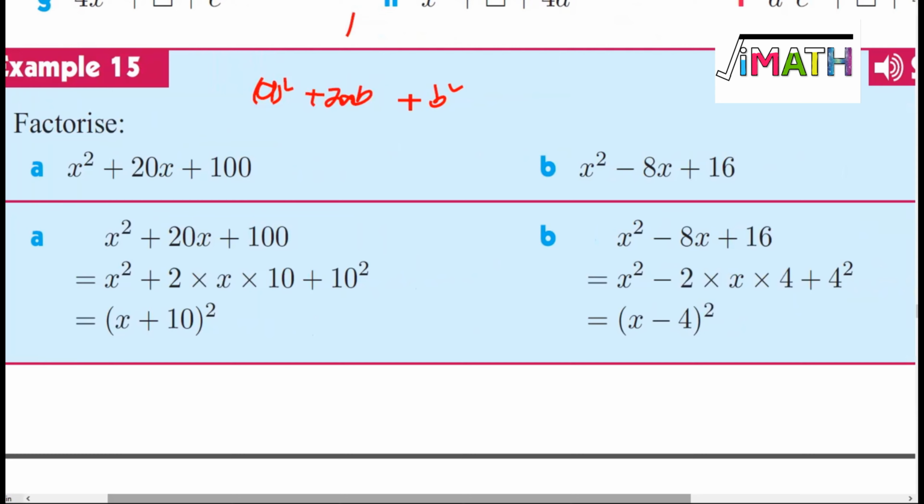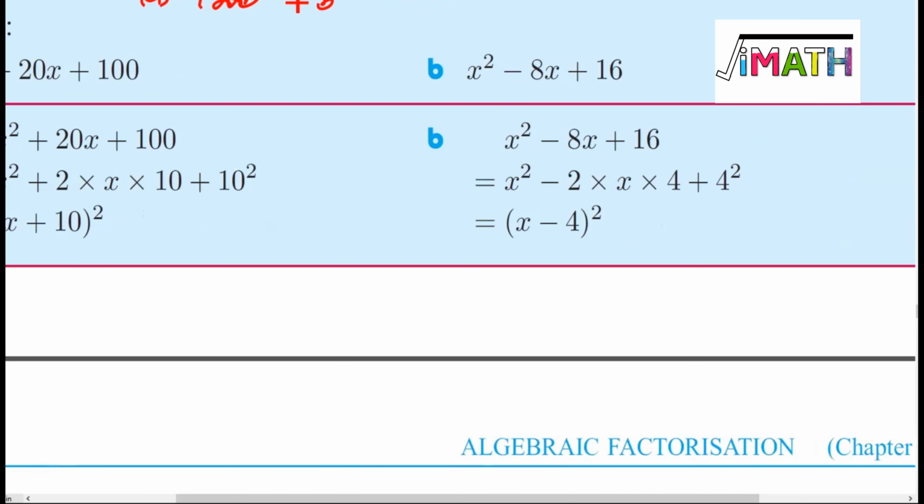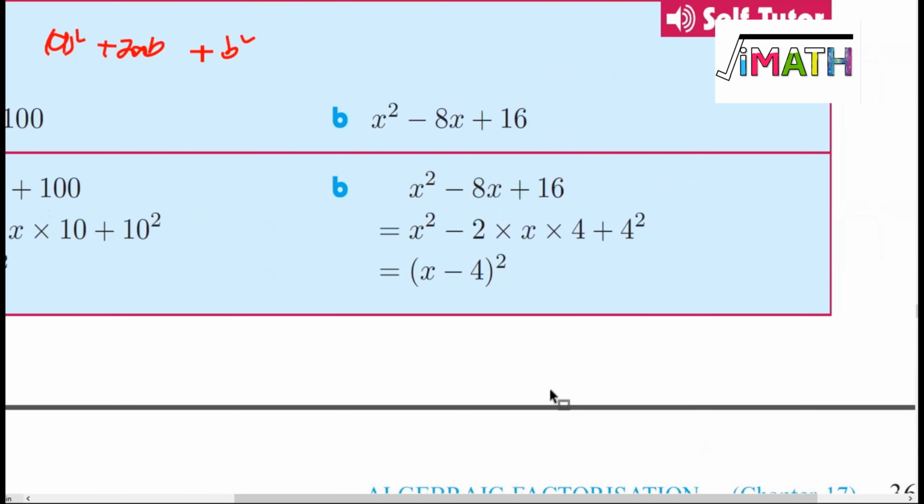So then it would be x squared plus 2 times x times 10, so b would be 10. Perfect. And then you just plug that into the other ones. So this is the same formula but the negative version.